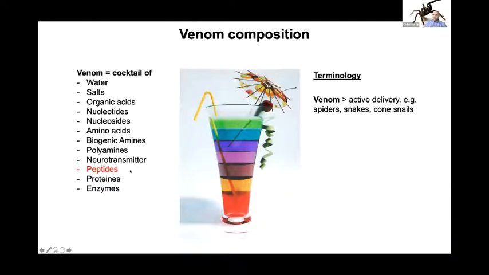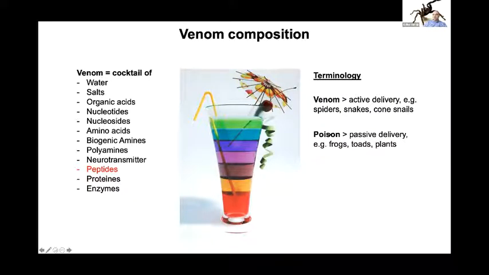Just to get the terminology right, we use the term venom if this cocktail is actively delivered, through fangs, harpoons, or stingers, like in spiders, snakes, cone snails, and scorpions. But if a similar cocktail is delivered passively, for example in frogs and toads when they're swallowed by their predators, then we talk about poison.